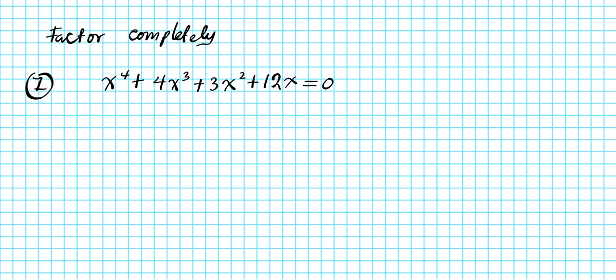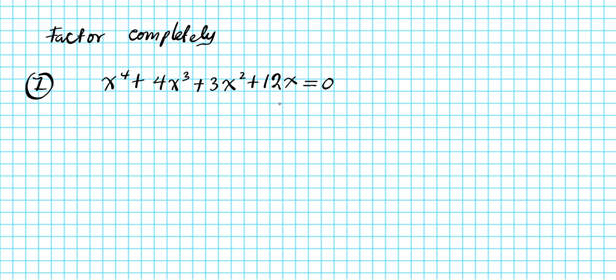So first thing to do anytime you're factoring is to inspect every single term and ask yourself, is there a greatest common factor that I can extract from every single term in the original problem? So let's take a look at the coefficients. We have 1, 4, 3, 12. There isn't any common factor there. But if we look at the variables, we have x to the fourth, x to the third, x to the second power, and x to the first power. Now they are all the same variable with varying degrees.